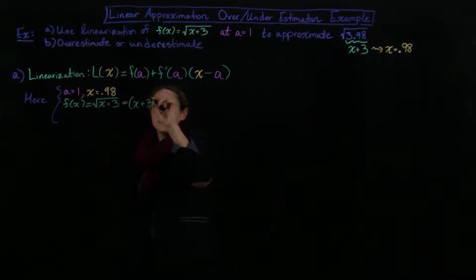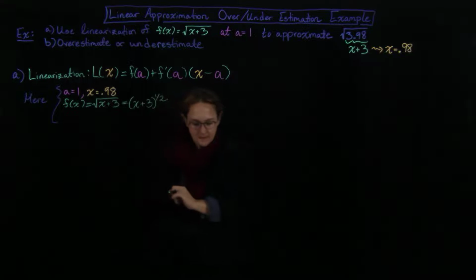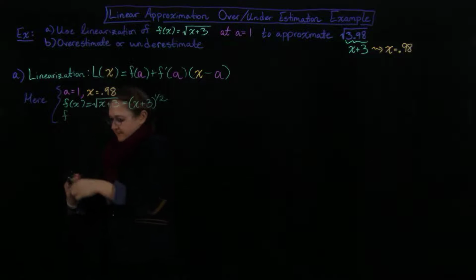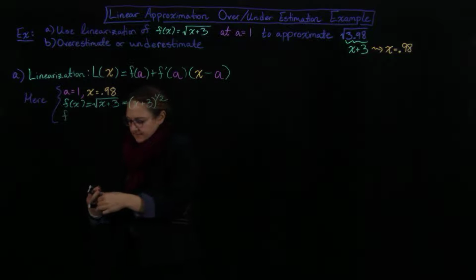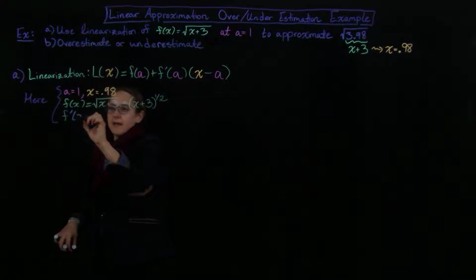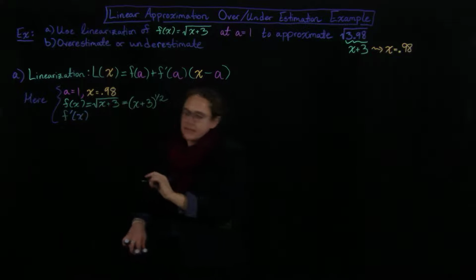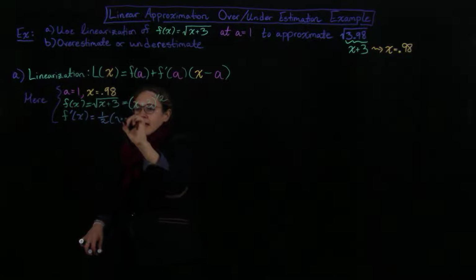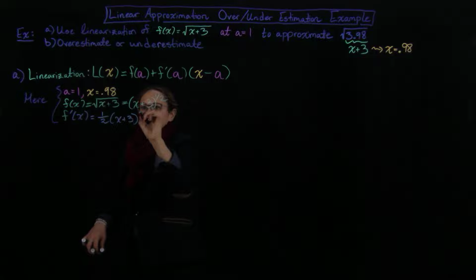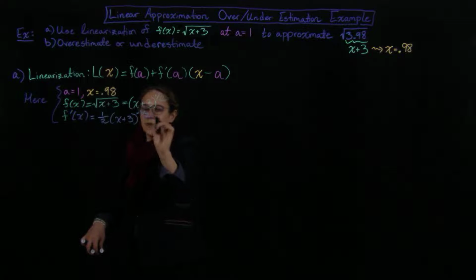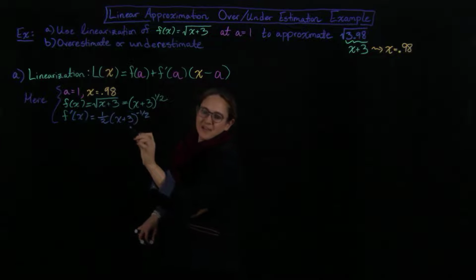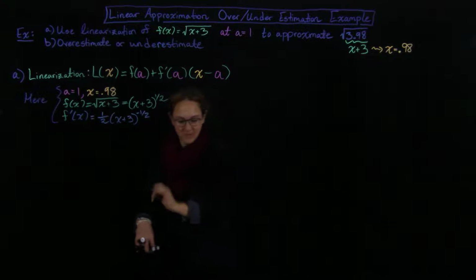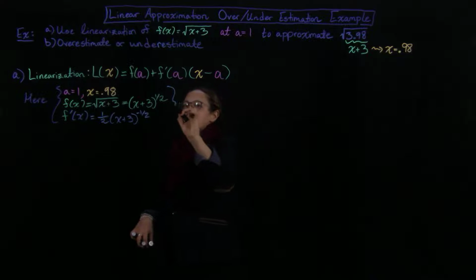Then just taking the derivative, f prime of x is going to equal, carefully using the chain rule, 1/2 times x plus 3 to the minus 1/2, and then we multiply that by the derivative of x plus 3, but that is just 1, so we didn't actually need to multiply there. Okay, perfect. This is what we're going to plug in.